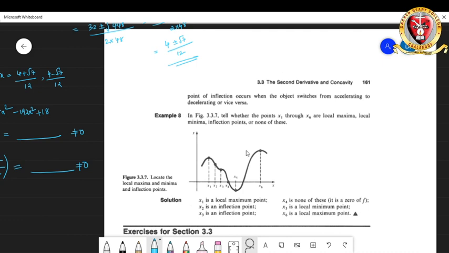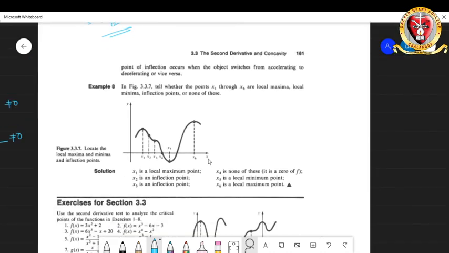Now, example 8 asks us how you can classify the points given in the figure. Here you can see that x1 is a local maximum point, okay, and at x2, you can see that the function is changing its sign from here to here. That means it is an inflection point.